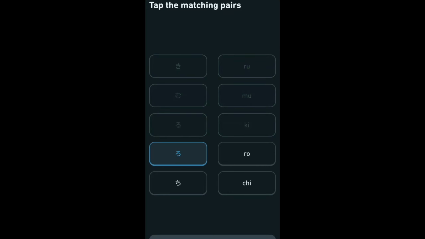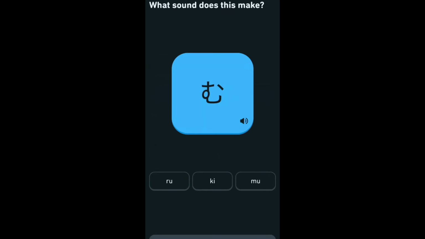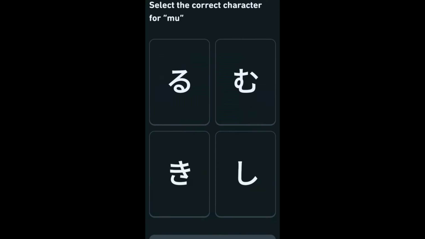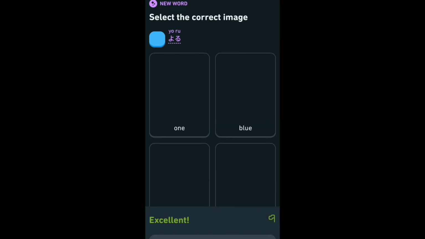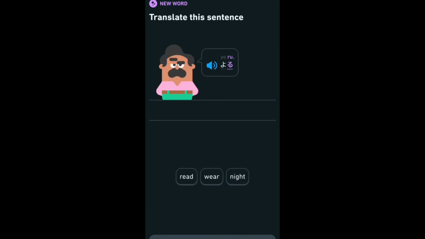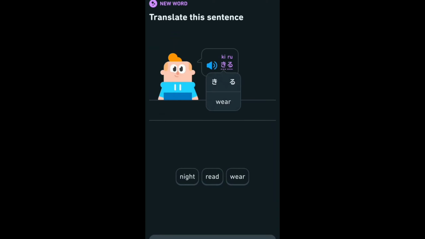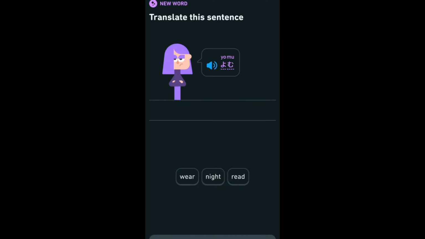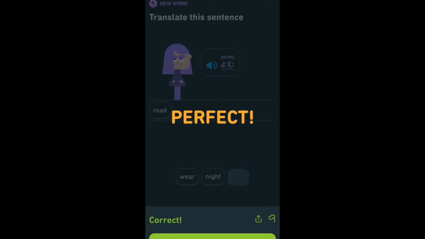And then this is, well done. What is this? We just covered this. Mu. What is the character for mu? Well done. Mu. Yoru. That means night. And when you're pronouncing your R's, it's a very different type of R. So it's almost as in yoru. So yomu is read. Okay, great.